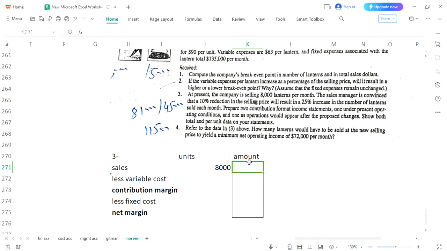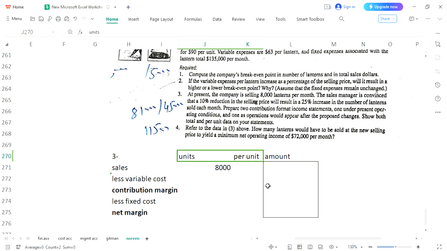I'm willing to calculate per unit as well, so we can fix it in this way. Here you can mention your per unit as well. It would be a little more comfortable for you when you put your units, per unit and amount at the same time. Understanding would be better.